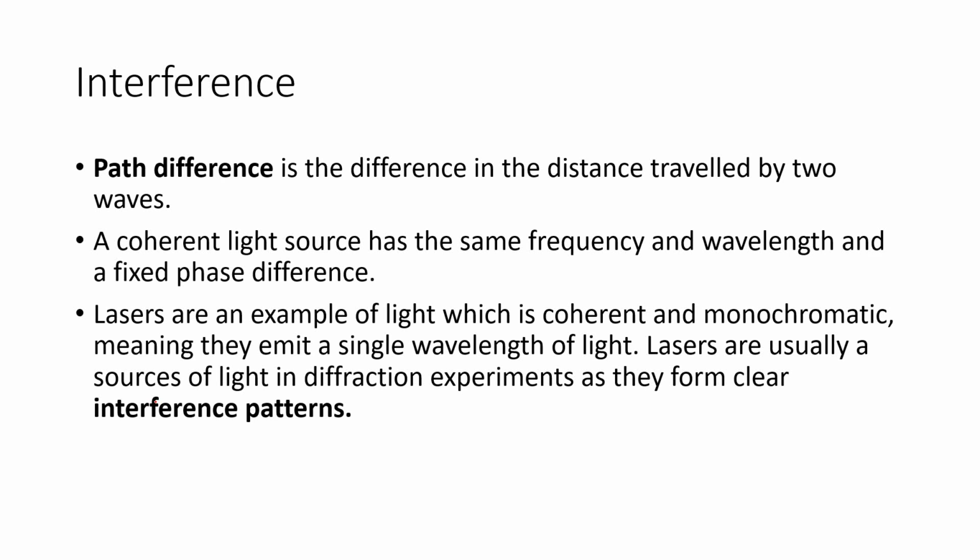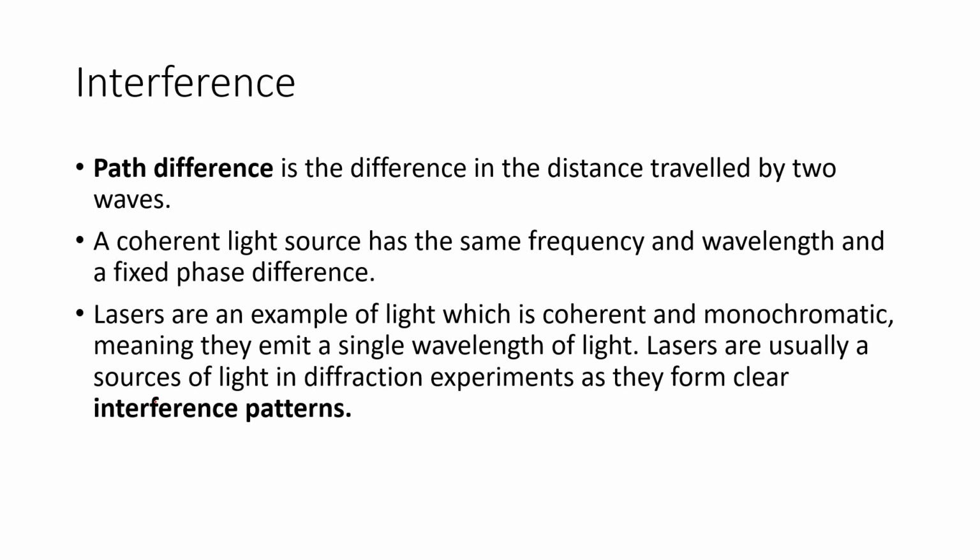One of the most useful types of light that you will hear us talking about when we want to perform interference patterns is a laser source of light. A laser is what we call a monochromatic source of light, because it produces one single wavelength. It's also a coherent source of light, meaning that it has a set frequency, a constant wavelength and a constant phase difference.